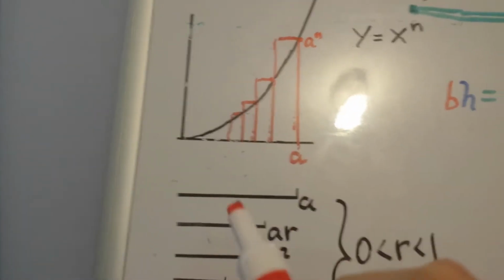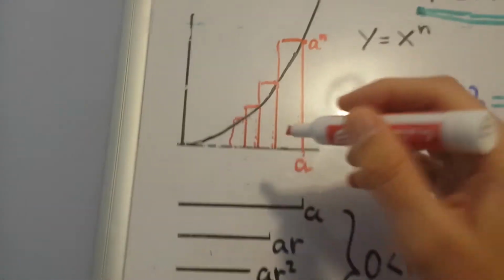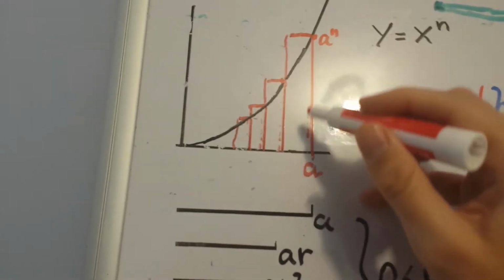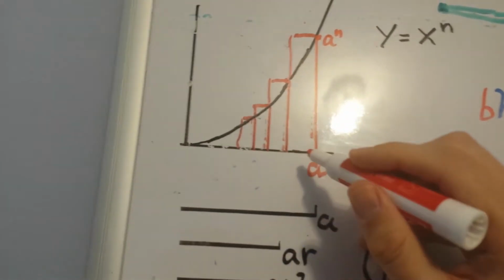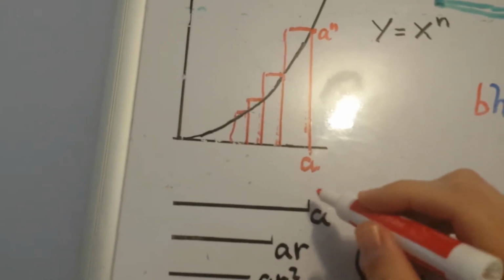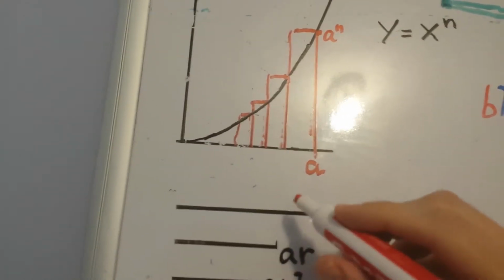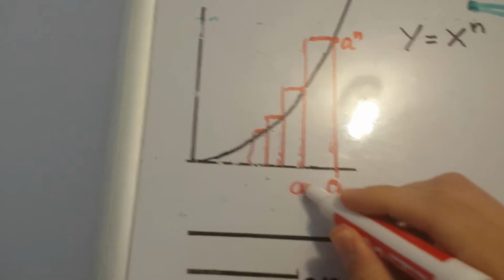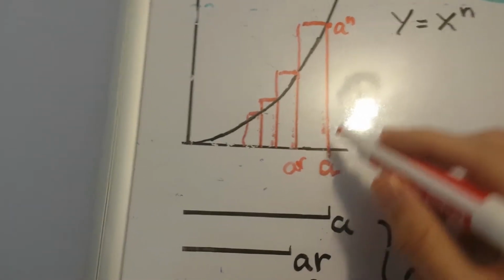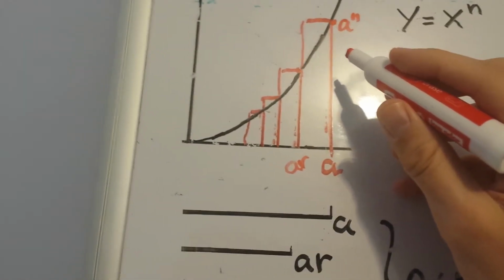So to find the area of this rectangle, you would take the base times the height. Well, the base would be a minus a times r, right? Because this is ar. So it would be a minus ar, and the height would be a to the n.